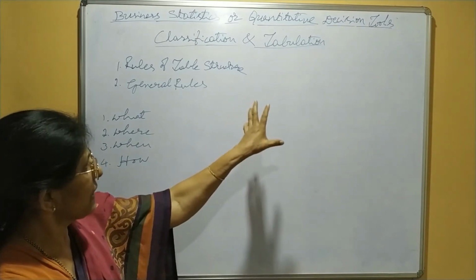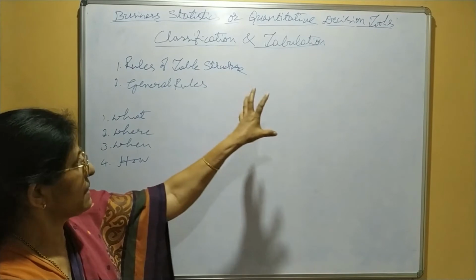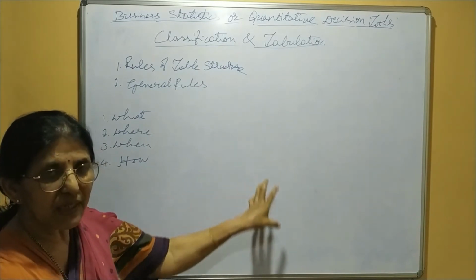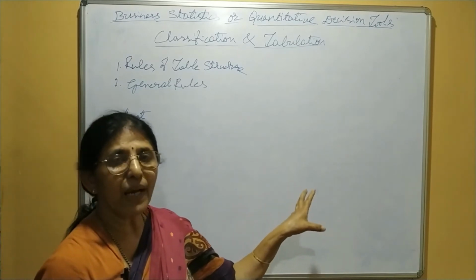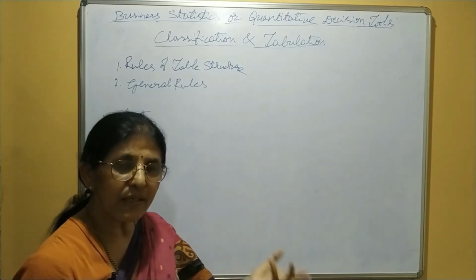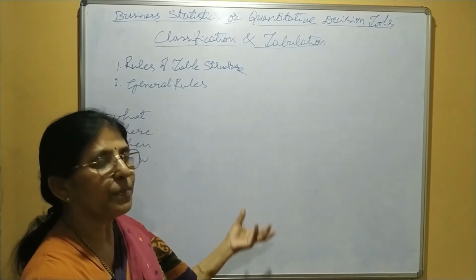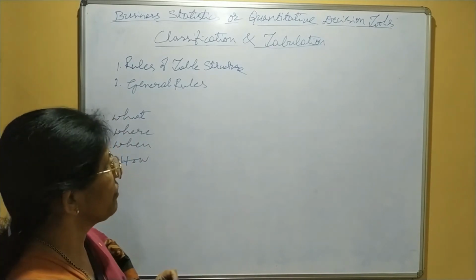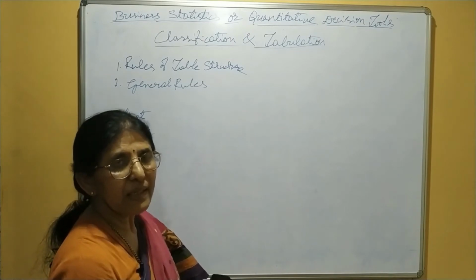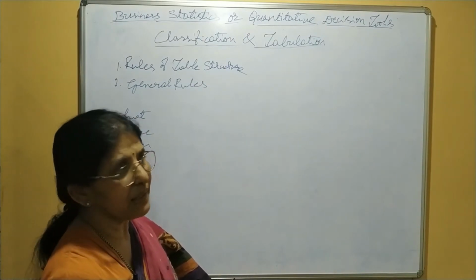As per that specification only we have to draft a blank table. Whether it is a complete table or not, first we have to prepare the skeleton of the table, that is nothing but the blank table. Therefore, first let us take the drafting of a blank table.